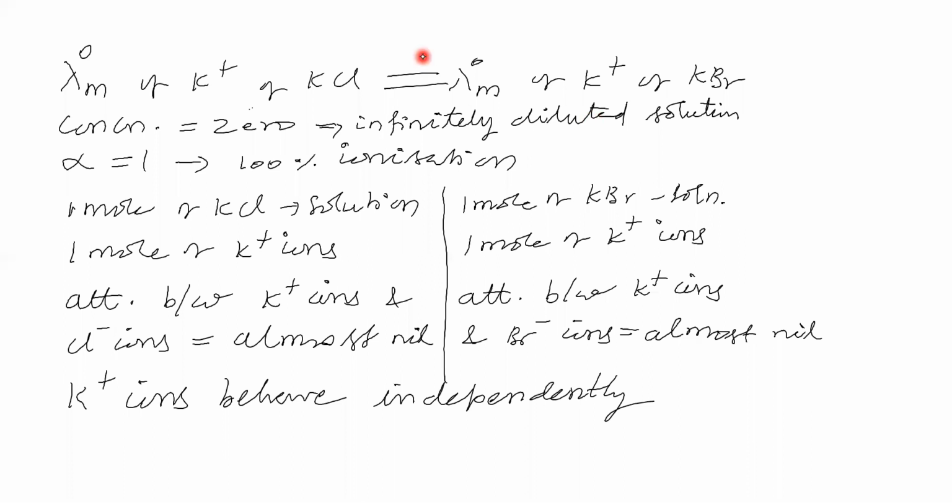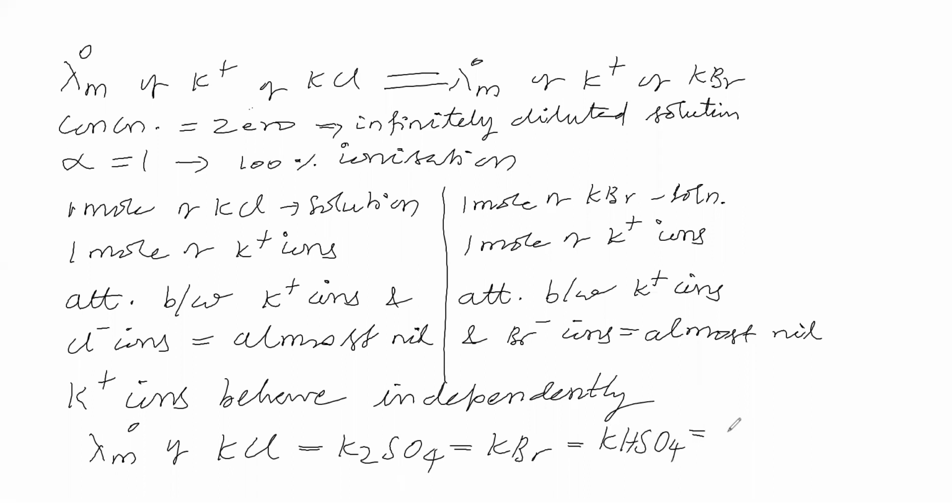That means lambda m naught of K plus of KCl is equal to that of K2SO4, equal to KBr, equal to KHSO4, equal to KNO3, and like this for any substance.